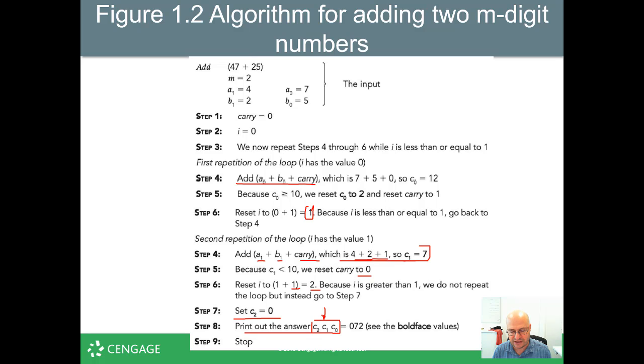C1 was calculated in the first loop, which is exactly 7. C0 was calculated in the second loop, which was 2. And C2 is the remainder of the carry digit, which is 0. So exactly the result of the sum.